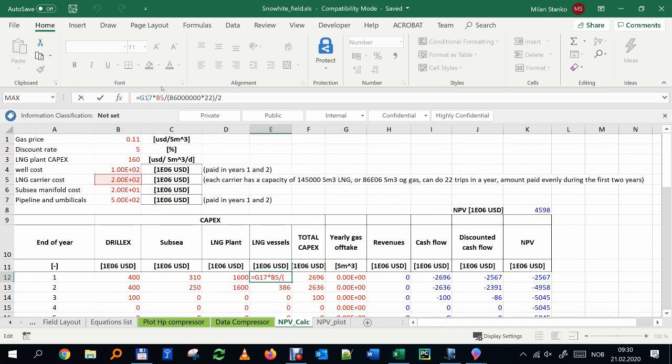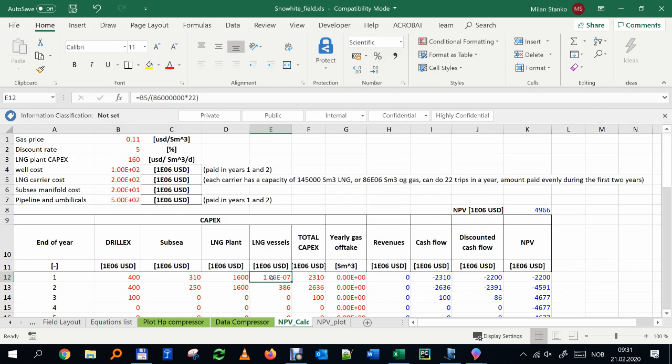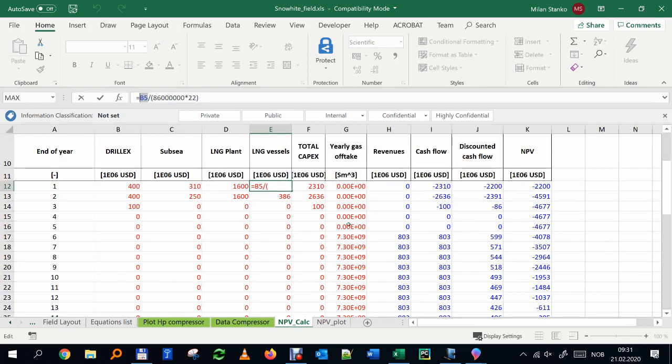So I divide the amount of gas produced in a year by that amount. And then I multiply, so this number alone will be the number of carriers, the number of vessels that I need. Sorry, it's not this number, but it should be this number.